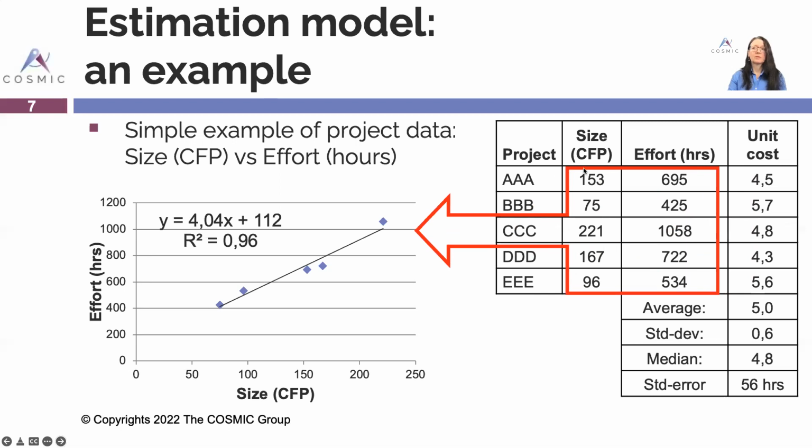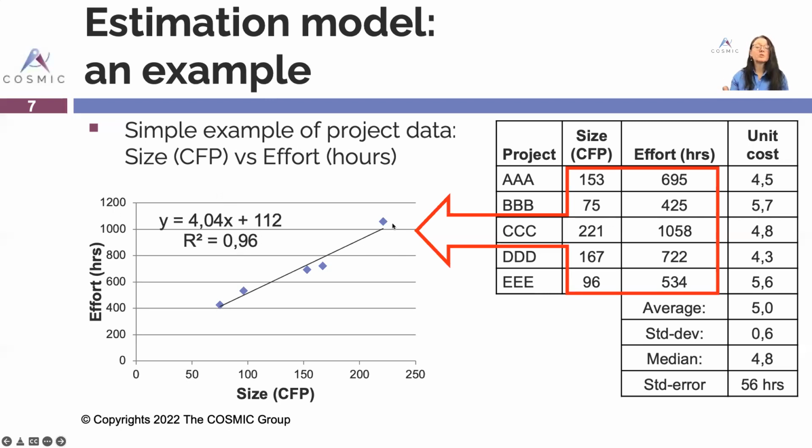Well, we obtain this line, this distribution of data of size and effort. And that's our equation. So effort is equal to 4.04 times the COSMIC size plus 112 hours. And in this case, it has a strong correlation.